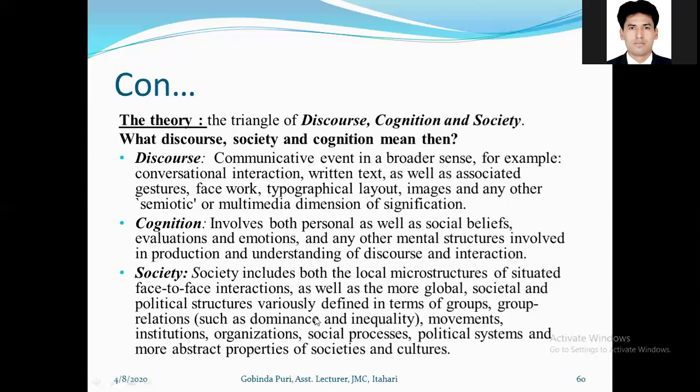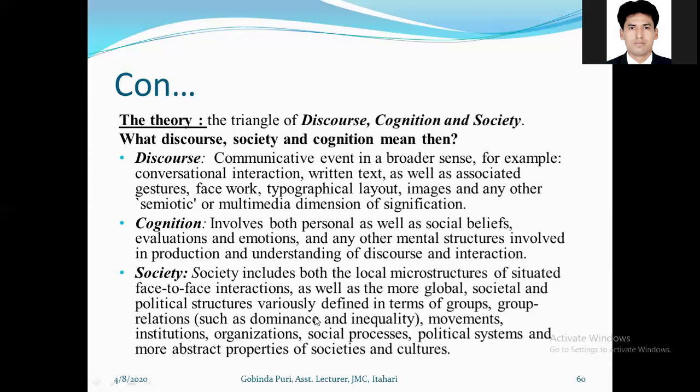And the next one is society. Society includes both the local microstructure of situated face-to-face interaction, as well as the macro or global societal and political structure, variously defined in terms of groups or group relations, such as dominance and inequality, various movements, Andolan, and the institutions, organizations, social processes, political systems, and more abstract properties of societies and cultures.